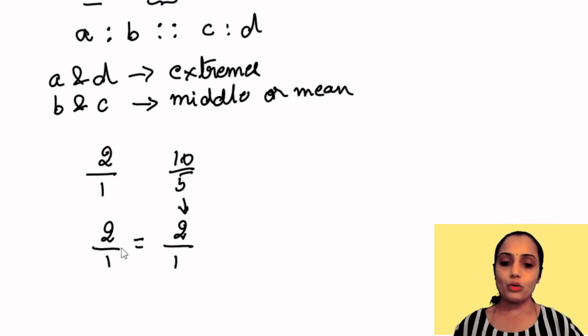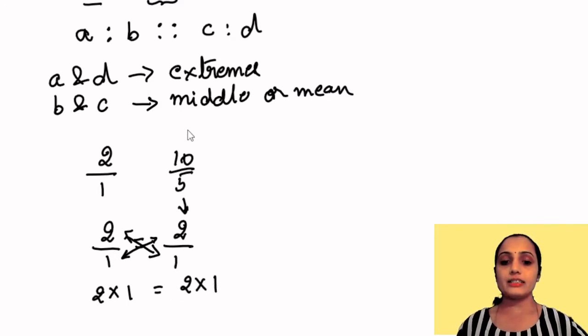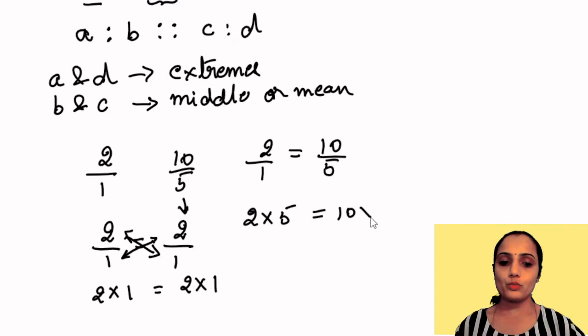Now I can also cross multiply the terms like this, right? So I get 2 into 5 is equal to 10 into 1.